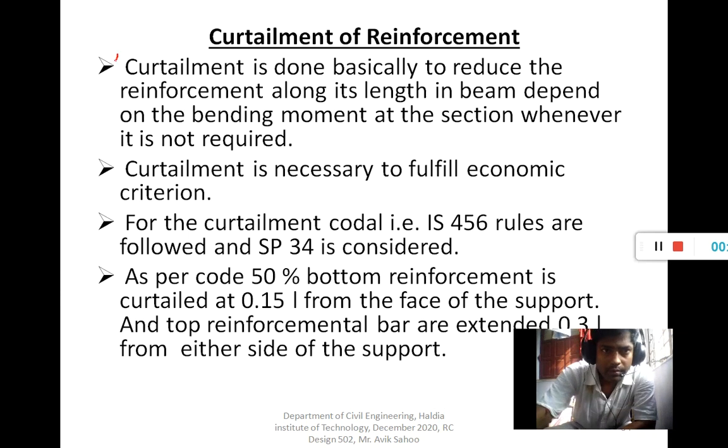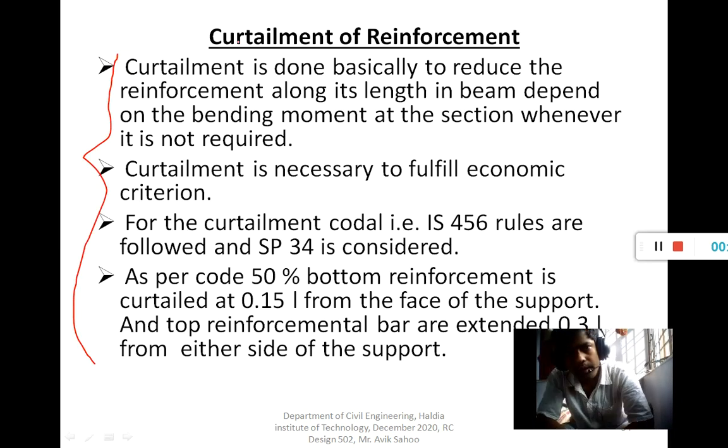So here the curtailment rules are given in the code. You know, I have already explained in the continuous beam why the curtailment is done.